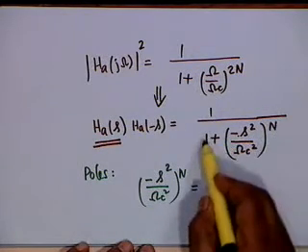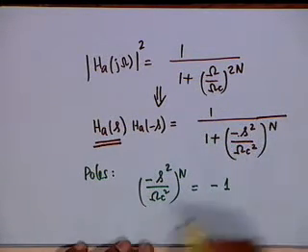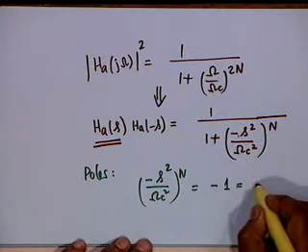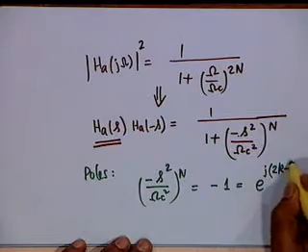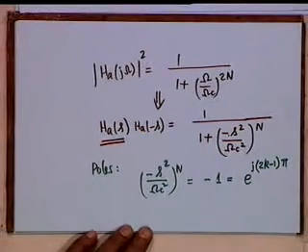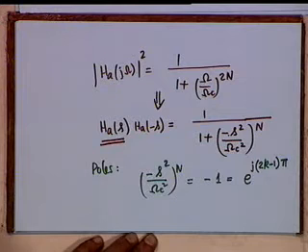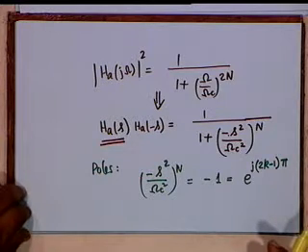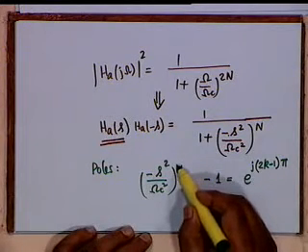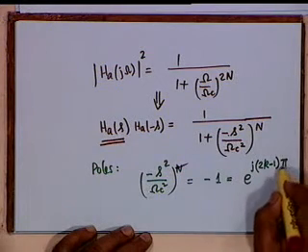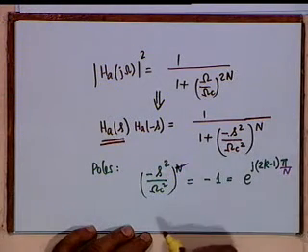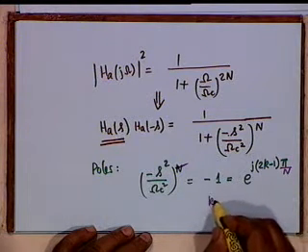At the poles the denominator should be equal to 0, and minus 1 you can write as e to the power j 2k minus 1 pi in general. E to the j pi is equal to minus 1, you can write it in this form, e to the j 2k minus 1 pi, and if I take n out from here, then I can take pi by n. What will be the values of k?